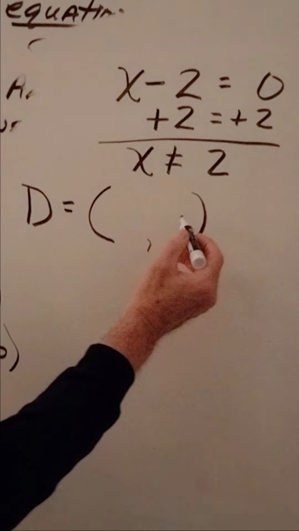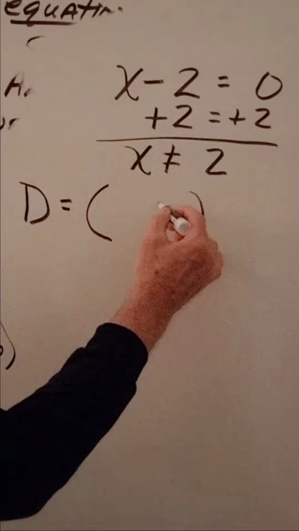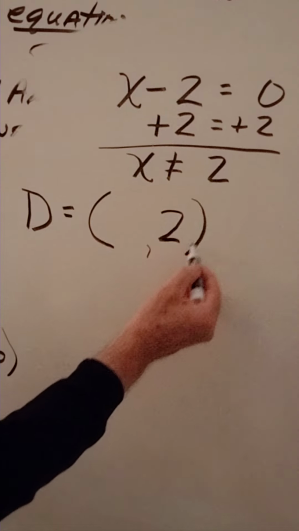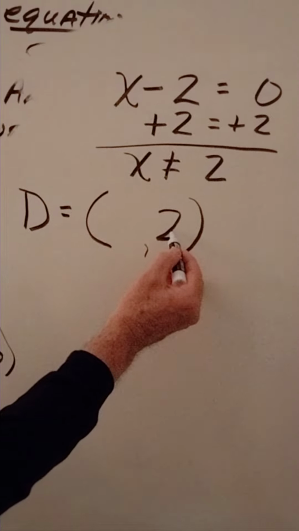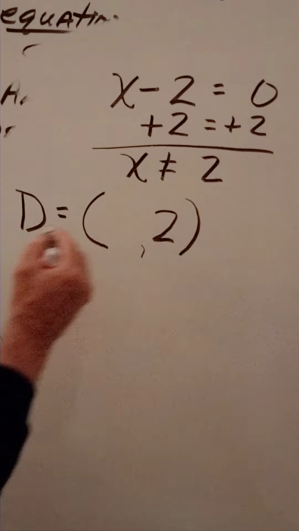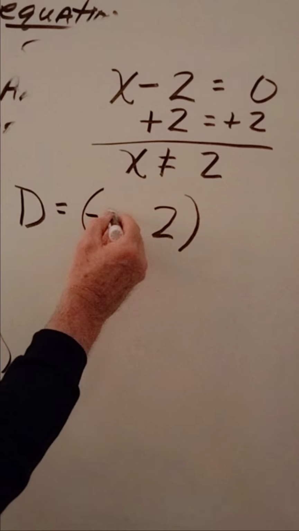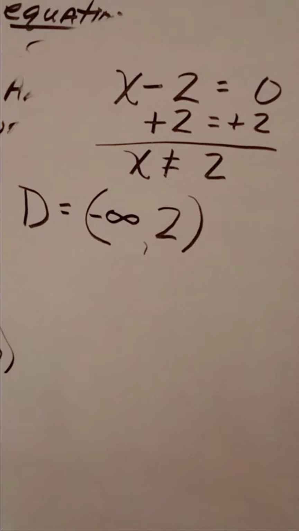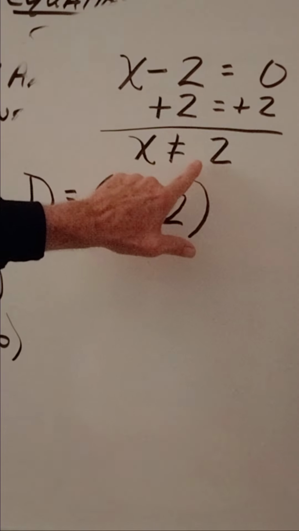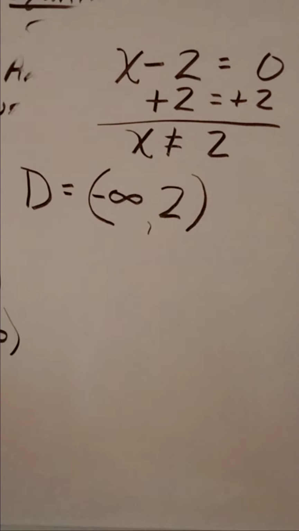So we're going to put the greater number on the right, 2. Now notice, with that being a parenthesis, 2's not included. And all of the values that are less than 2 would be negative infinity. That's taking into account all of the real numbers less than positive 2.